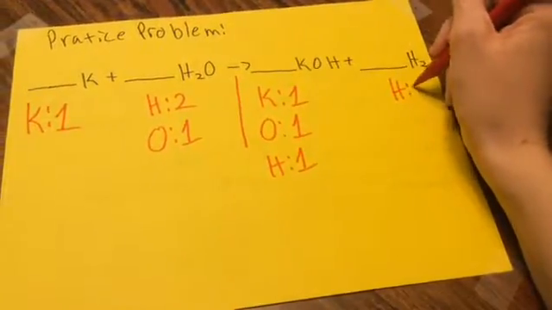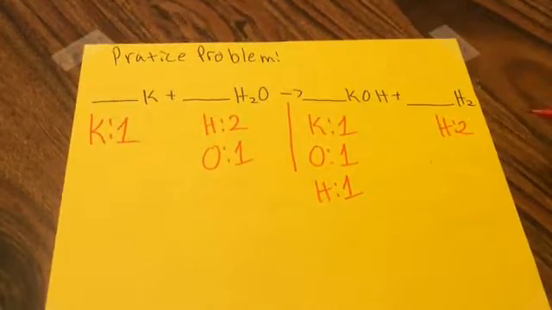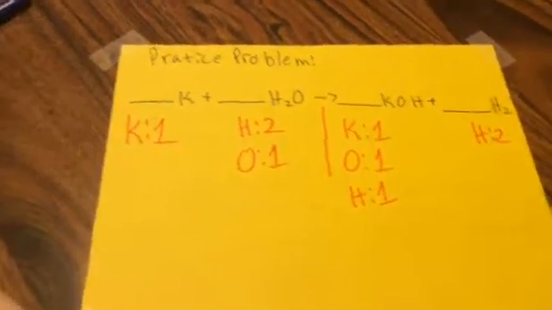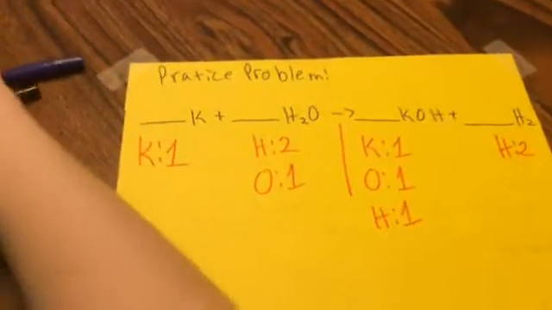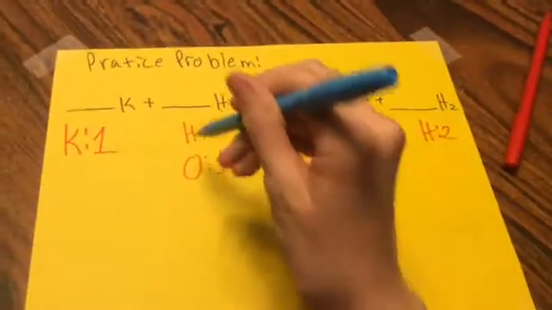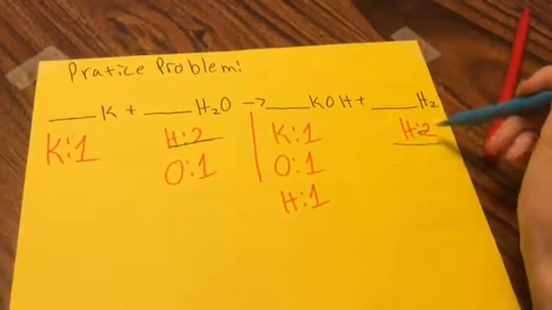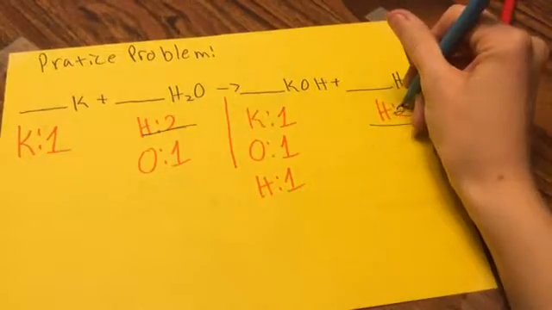Okay, so let's see what we can pull out. Looking at this, okay, that's not open. Find another one that's open. Okay, there we go. So we have 2 hydrogen here and 2 hydrogen over here. Let me fix this because I just drew a line through it. 2, there we go.